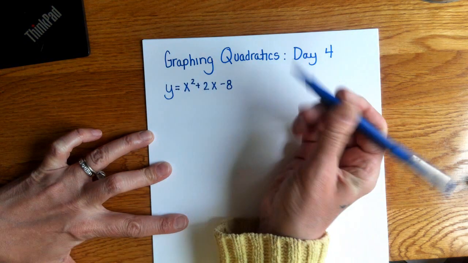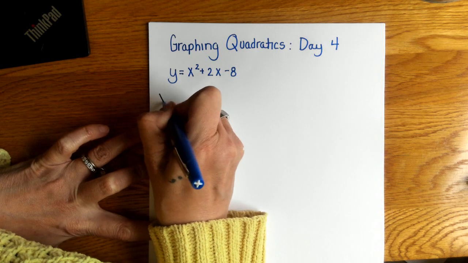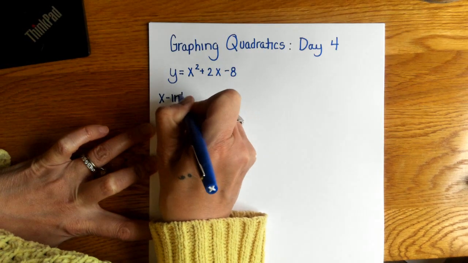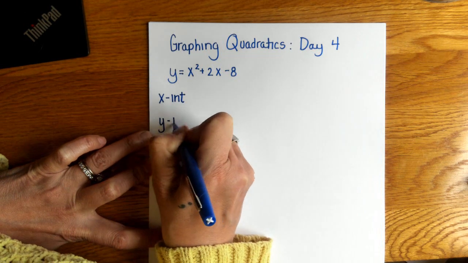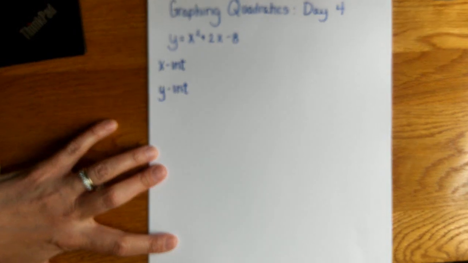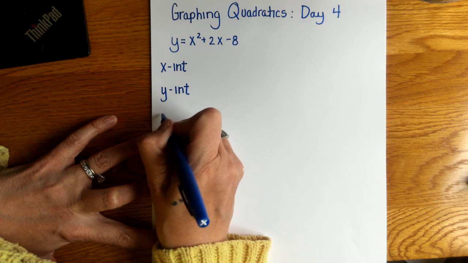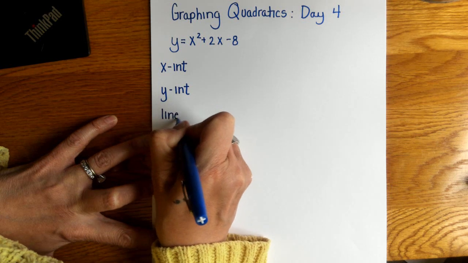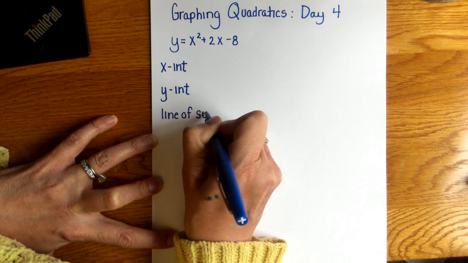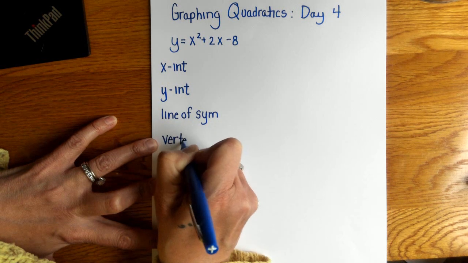When you're doing these problems, I'm going to ask you to tell me what your x-intercepts are, what the y-intercepts are, what the line of symmetry is, and then what the vertex is.